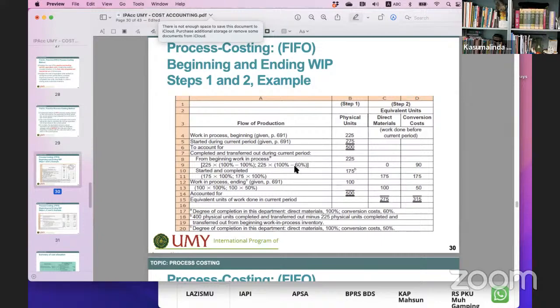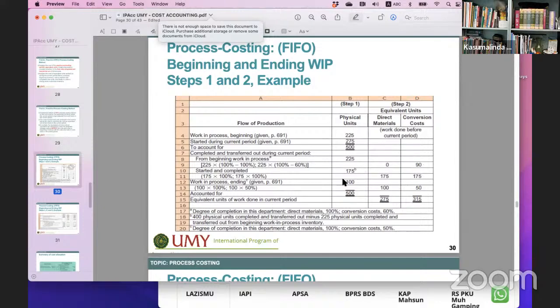So the 60% is already done in February. The percentage that we need to carry on for March is the balance, which is 40%, that's why 100 minus 60. The 40% is the work done for the beginning work in process during March. So we multiply with the units, and we got 90 for the conversion cost.